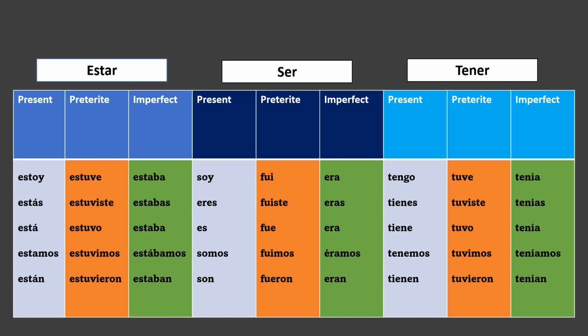The stem doesn't change and the endings, as we know, are ía, ías, ía, íamos, ían. That's for ER and IR verbs in the imperfect tense. And for AR verbs, it's aba, abas, aba, ábamos, aban. The same thing applies with the verb estar. It is regularized in the imperfect tense.